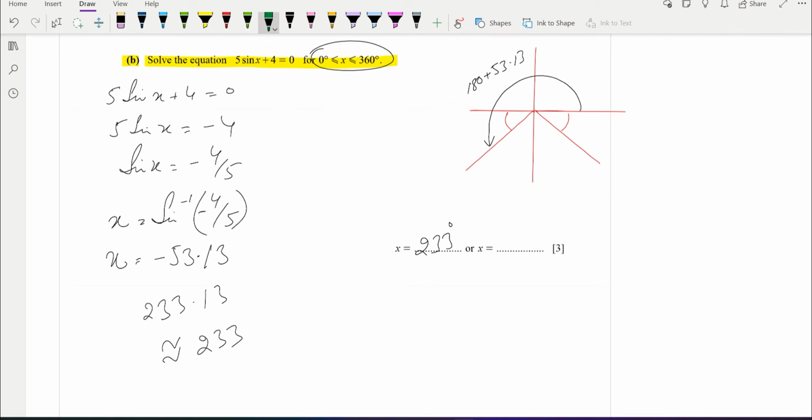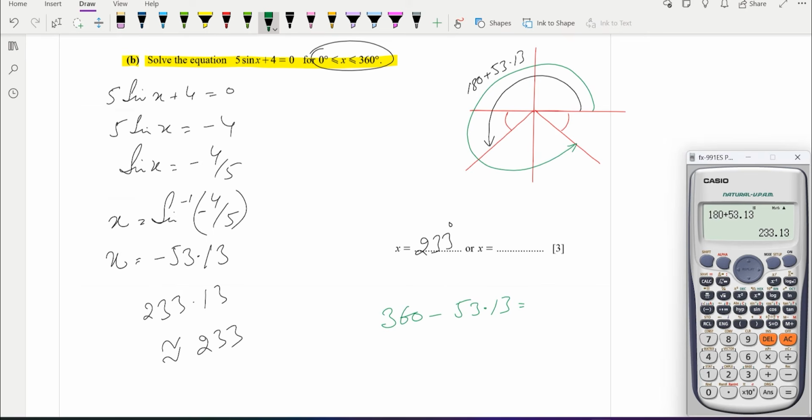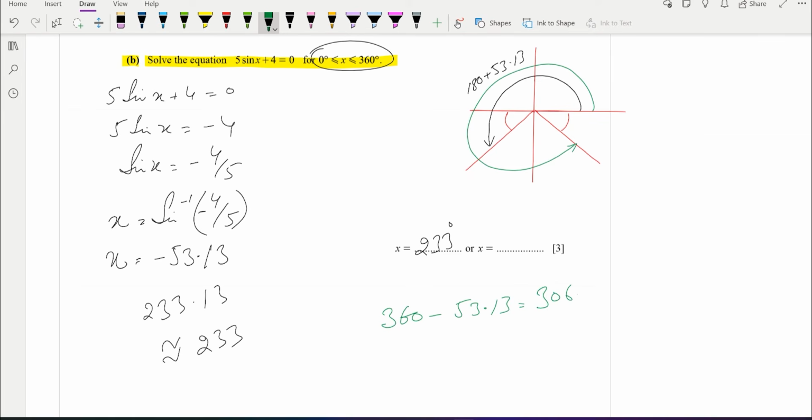Second angle, we can take from this point to this point, and this will be 360 minus 53.13, and this is equal to 306.87.